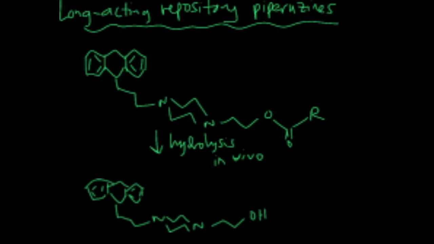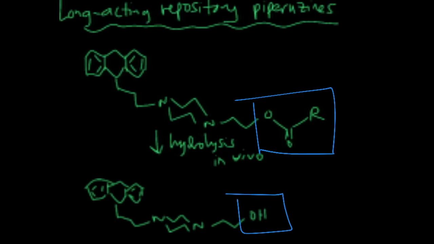Now, to get them to be active drugs, the cells hydrolyze this ester part into a hydroxyl part, leaving this same general structure, but you change this group to be a hydroxyl group. So, this one is actually active, and this is actually not active.